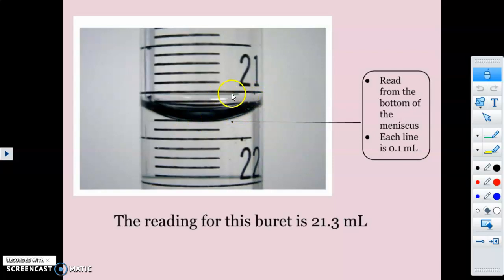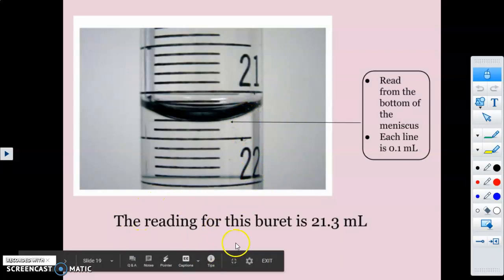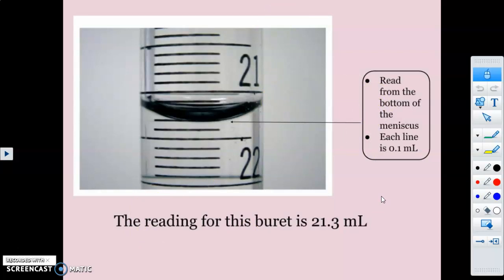Like 21 is up here, and then 21.1, 21.2, 21.3, which would be the measurement on this burette. You're always going to measure going down. So when you have a graduated cylinder, you'd measure going up, but that's because 0 would be down here at the bottom. So we're going to measure kind of in the opposite way that you would measure with a graduated cylinder.